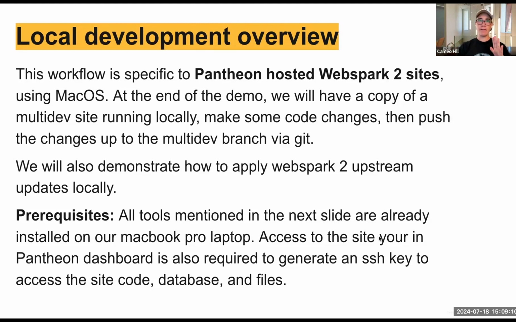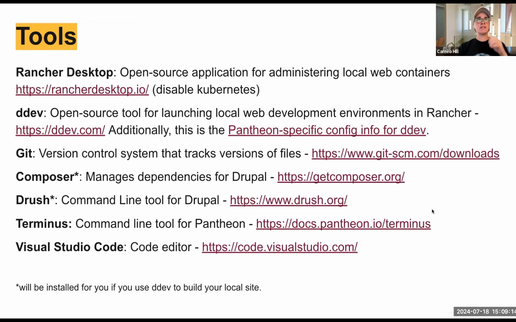Okay, let me just make sure I got everything. Okay, here's a list of the tools that we use for local development. Previously, I was using Docker Desktop for my web containers.